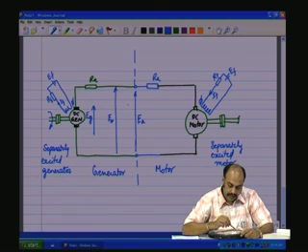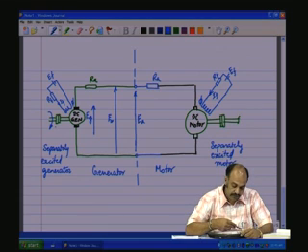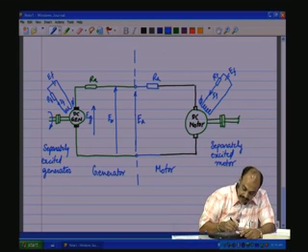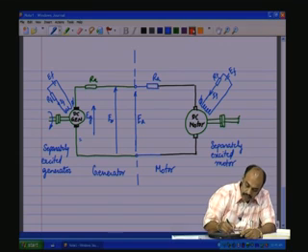Now, for this generator the load is this motor. So, this EA is applied to the motor and this motor is going to deliver energy back to the mechanical domain. If we control the speed of the prime mover, the generated voltage here changes, because it is dependent on the speed.